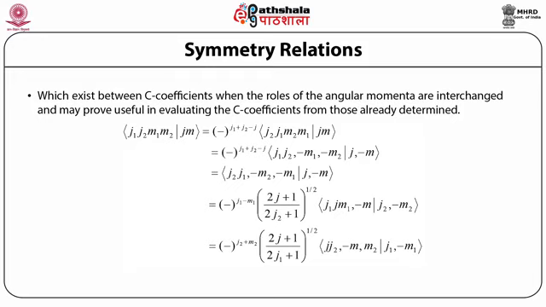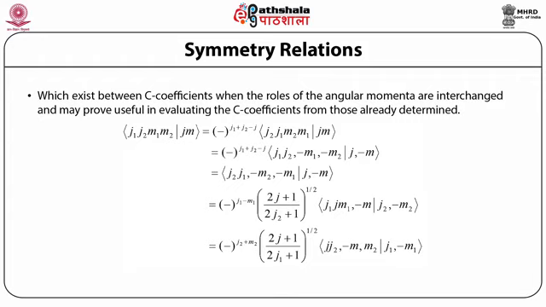So we may write down these symmetry relations as the Clebsch-Gordan coefficient ⟨j1 j2 m1 m2|jm⟩ is equal to (−1)^(j1+j2−j) times ⟨j2 j1 m2 m1|jm⟩.